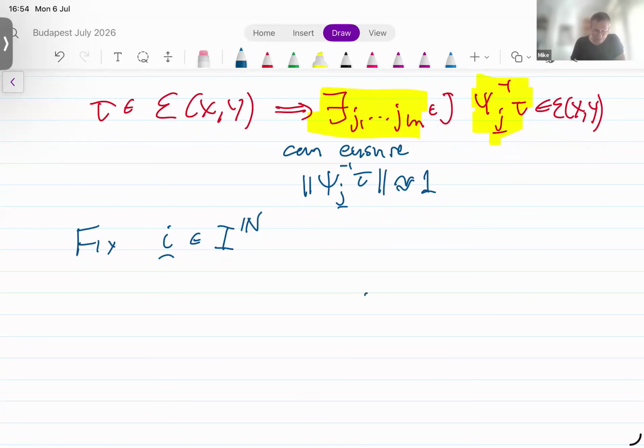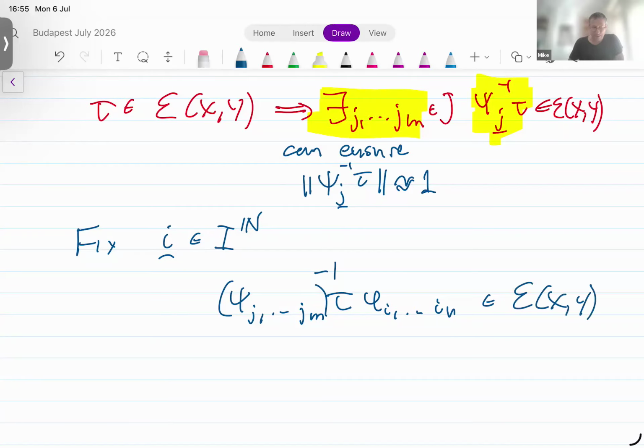So you look at phi I1 up to In, and you compose that with your tau. And then you get a matching composition of the psi's. And all of these things are inside the set of embeddings.